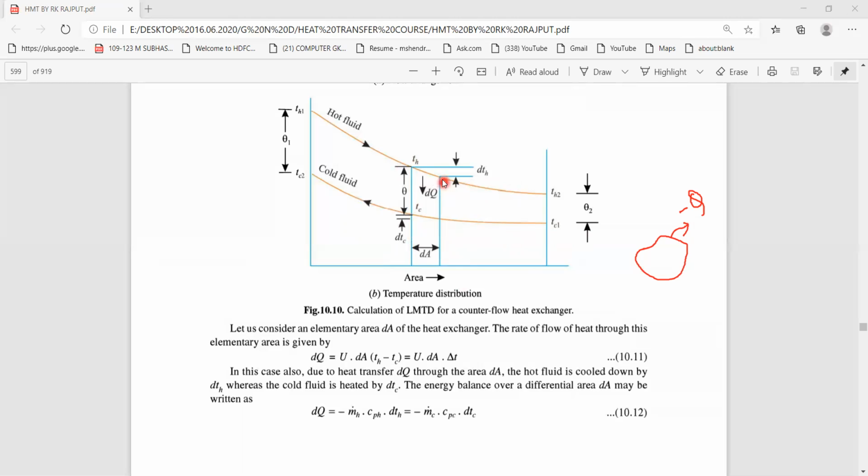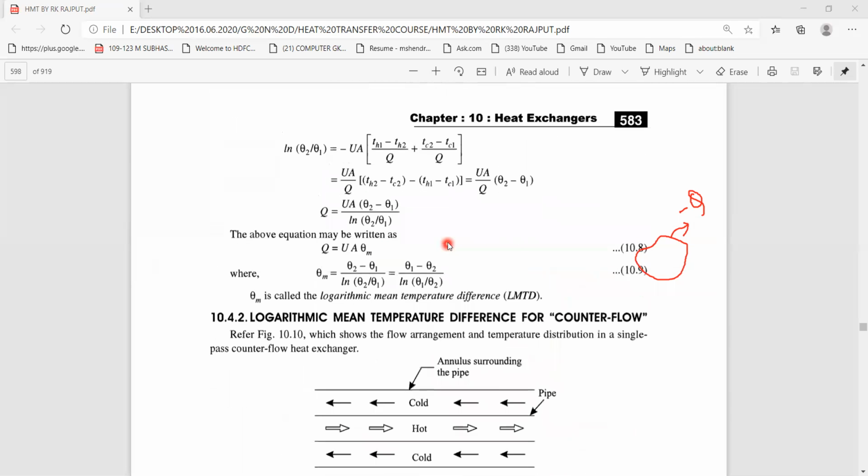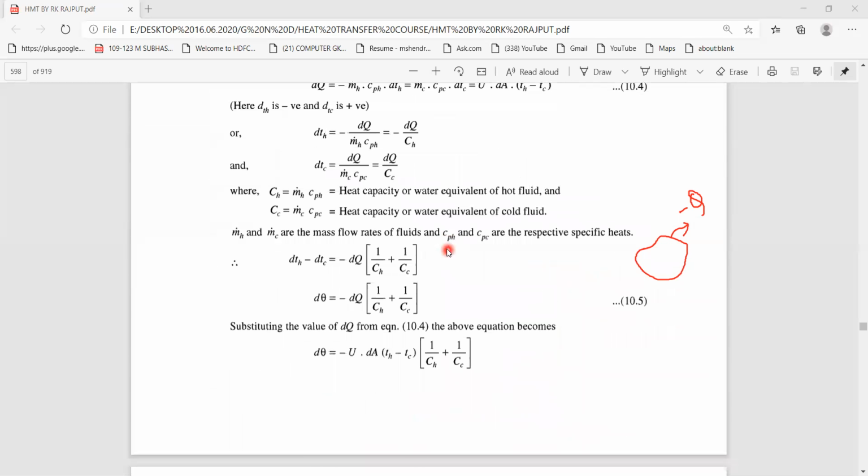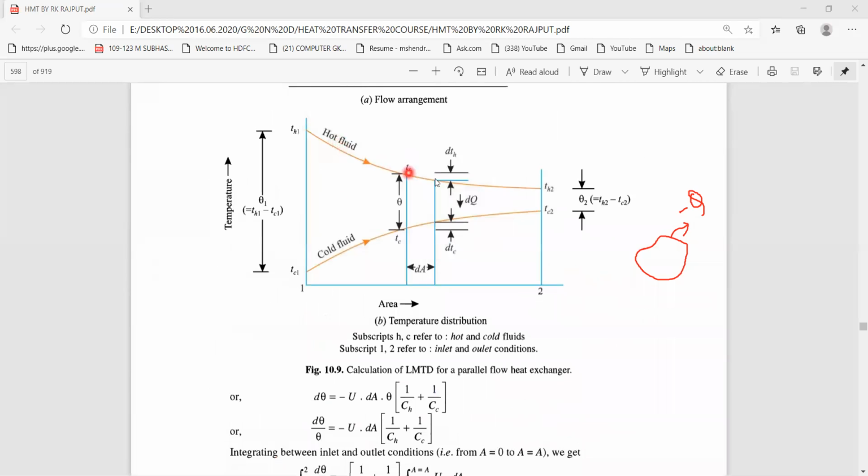So as far as sign convention is concerned, we have to take the sign convention along the same direction for both the hot fluid as well as the cold fluid, as we have seen in the parallel flow heat exchanger. This is the direction of heat flow, and this is the direction of decrease in temperature or the fluid flow.